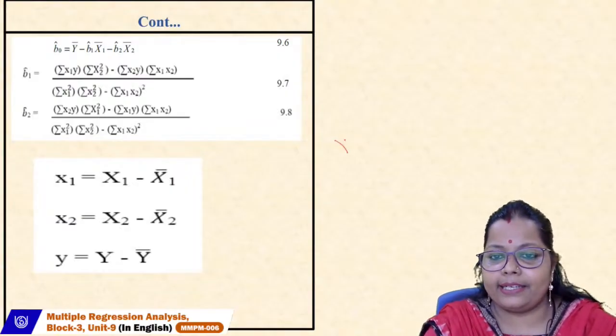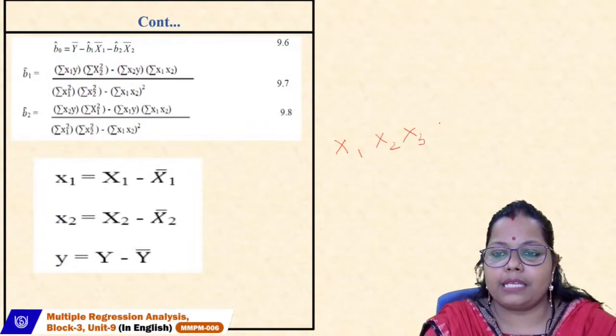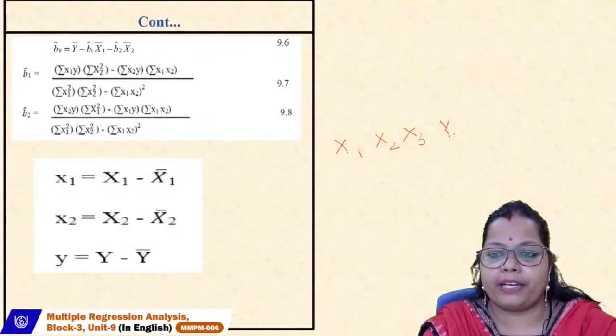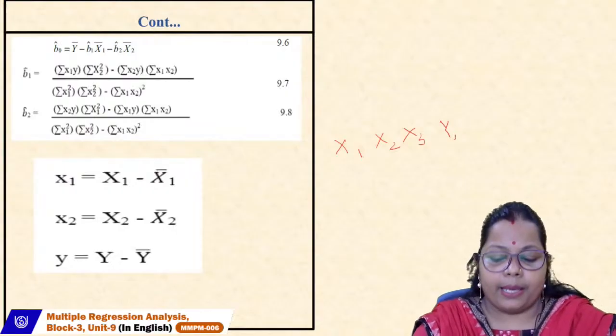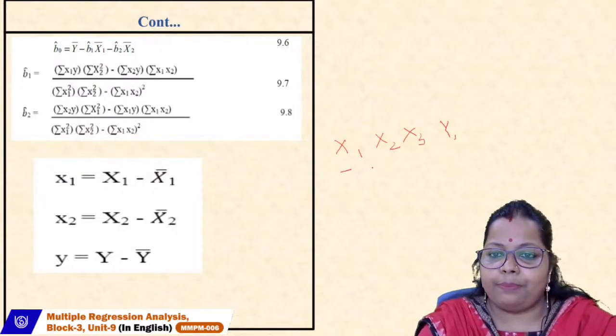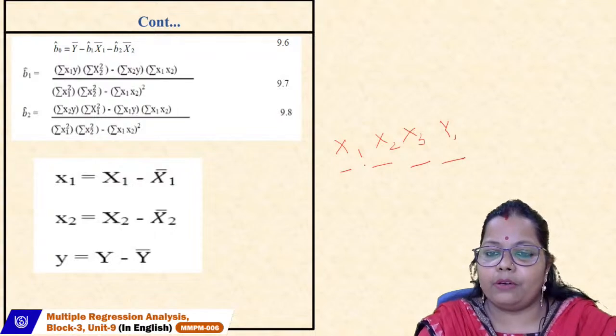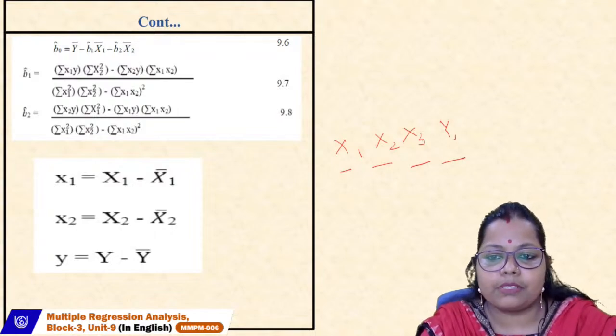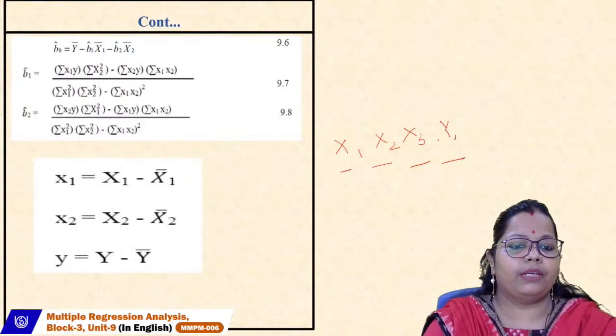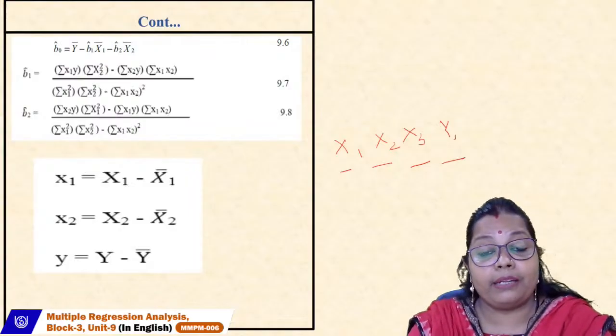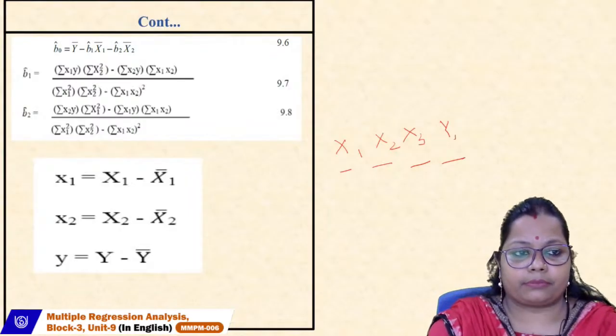So definitely they are in terms of x1, x2 and x3. And sometimes, suppose, one dependent variable is given. With the help of these variables, we can find a solution in terms of x1, x2, x3 or y1, y2, whatever variables are given.